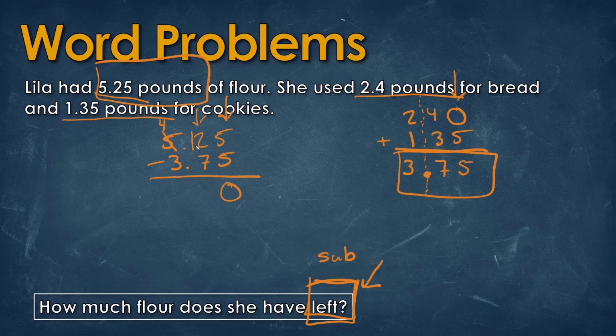So now we can actually subtract this because the number at top is bigger. 12 minus 7 will give us an answer of 5. We'll have our decimal. We can add that in at any time we want. And then we're going to subtract 4 minus 3, which would be 1. So the answer is going to be 1.5 pounds of flour left over.